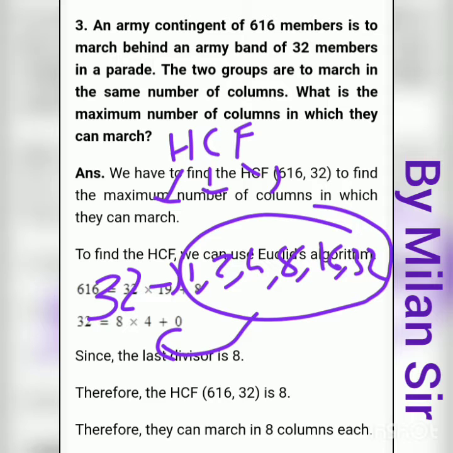But it can never be more than the original number. If we think about the factors of 32, there is no number which is greater than 32. So it means that a factor is always less than or equal to the number.